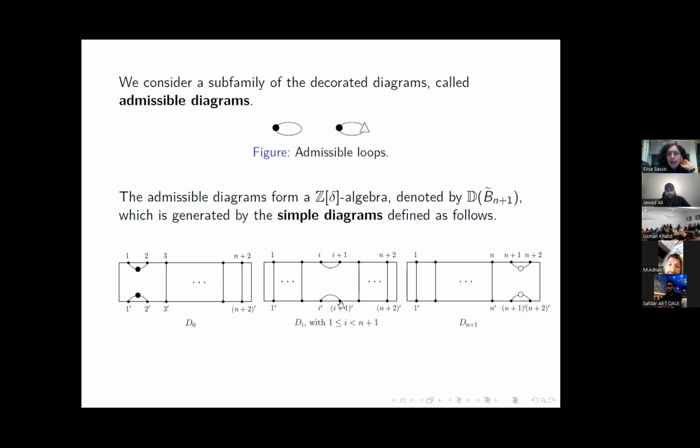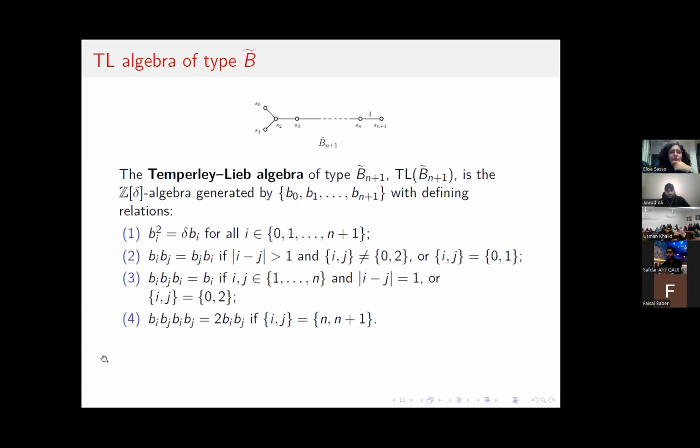This time the simple diagrams are defined as above. They are all straight lines except the edges that connect node i to node i plus 1. But this time the first one is decorated with 2 black dots and 2 black circles, and the last one is decorated with 2 white circles. That's the only difference.